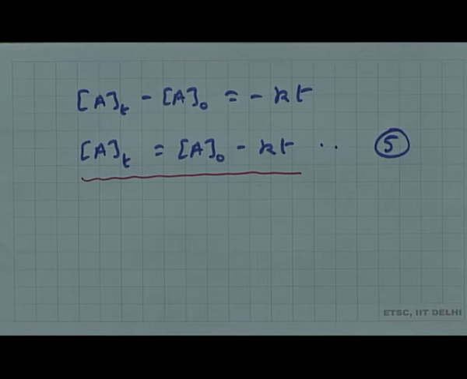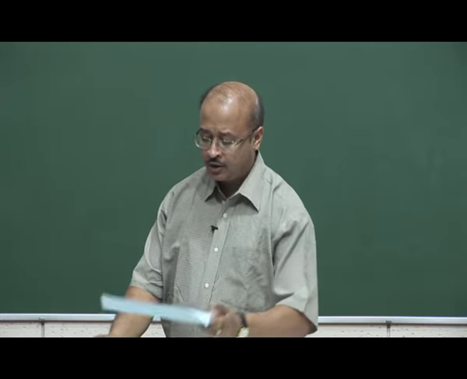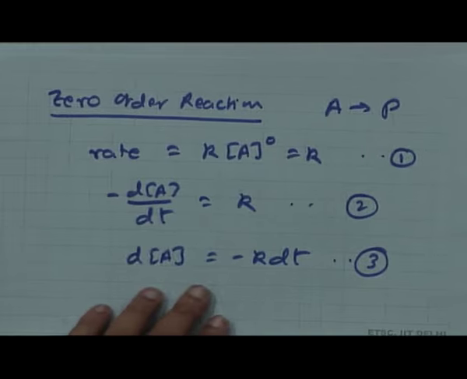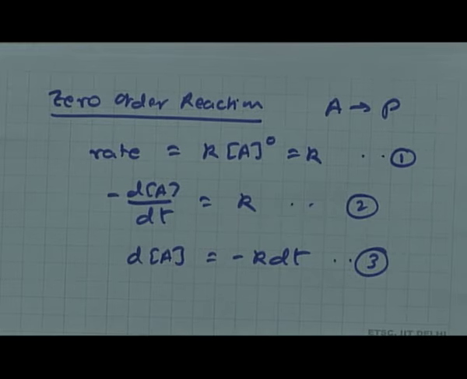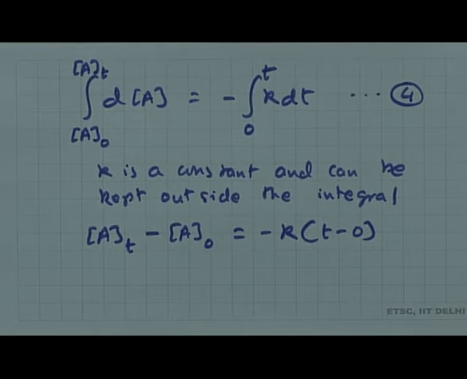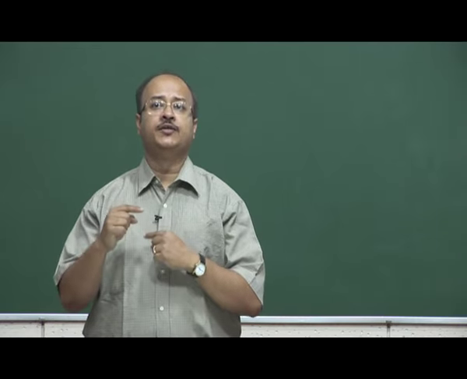Okay. So, what does this tell me? This tells me that once I have integrated my 0 order reaction with A going to P, and I have set up my equations like this, then I did the integration within the defined limits, right, a definite integral within the defined time limits.